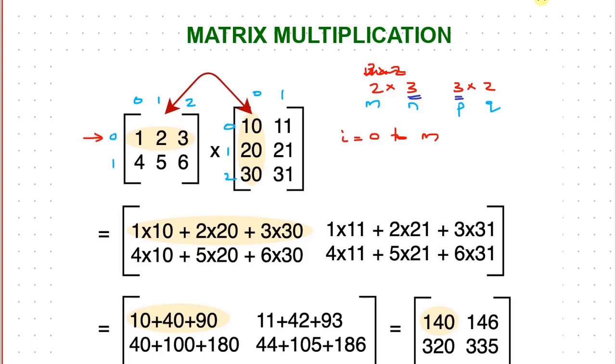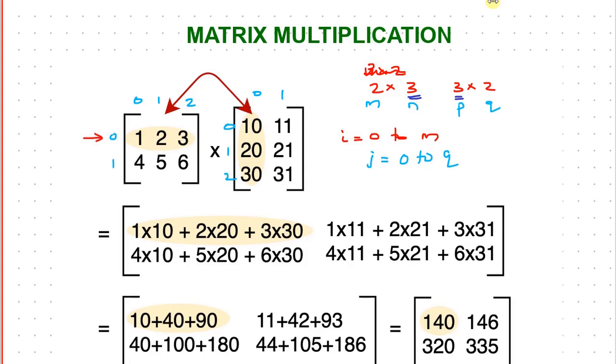So we have one loop running I equal to 0 to M, and then a second loop going j equal to 0 and j equal to 1, so j equal to 0 to this value over here, Q. However many columns you have, that many times you have to perform the calculation.